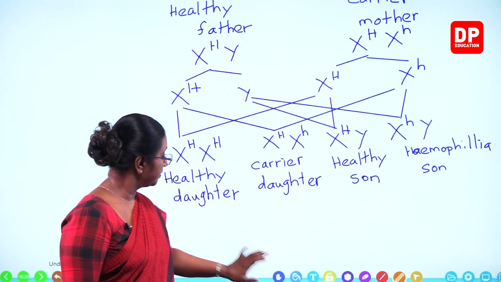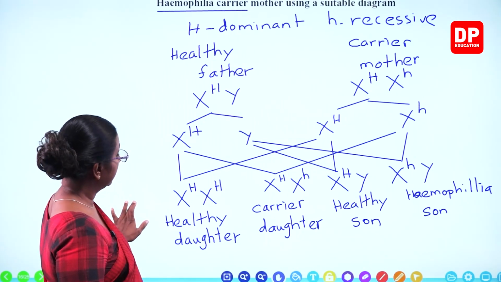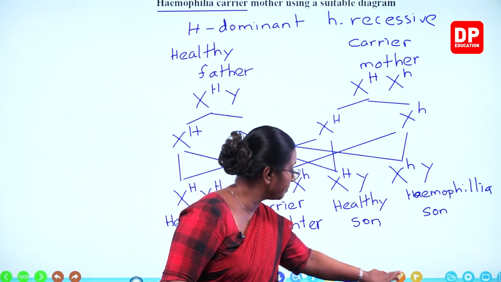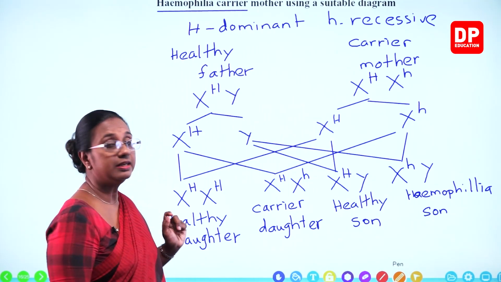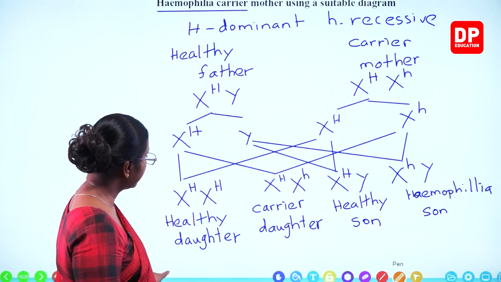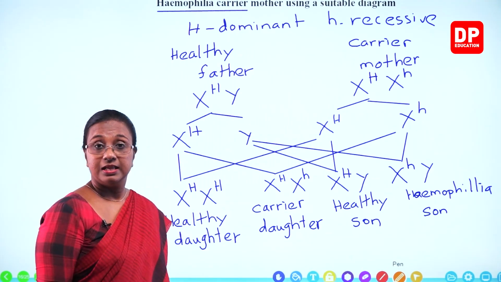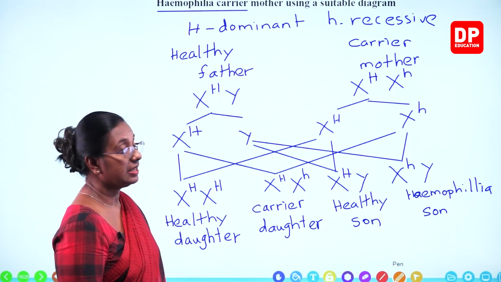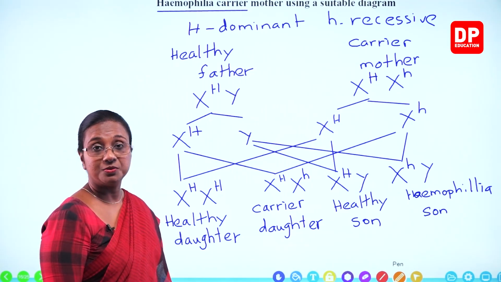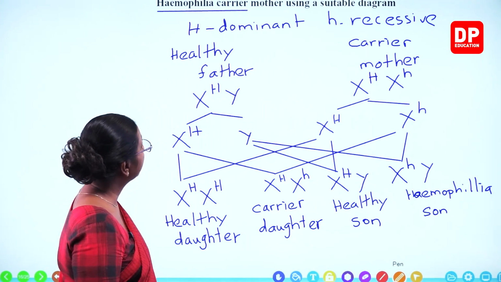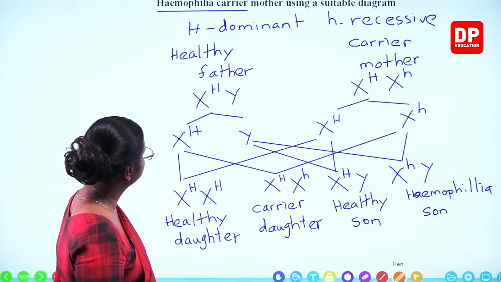So when you have a healthy father and carrier mother, this is how you get the children. Healthy daughter, carrier daughter, healthy son and disease son, that is hemophilia son. Is that okay, students? You have to show the parents, healthy father, carrier mother.